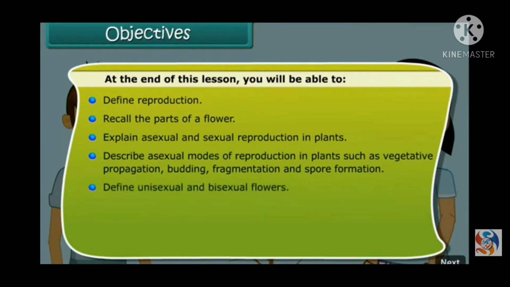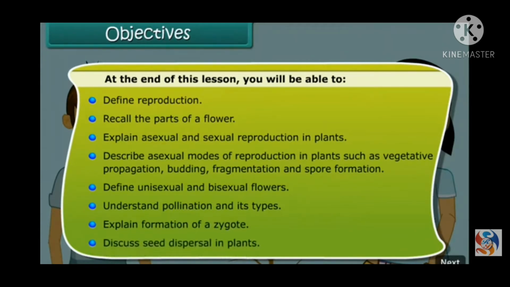Define unisexual and bisexual flowers. Understand pollination and its types. Explain formation of a zygote. Discuss seed dispersal in plants.